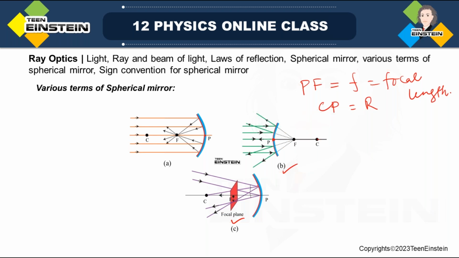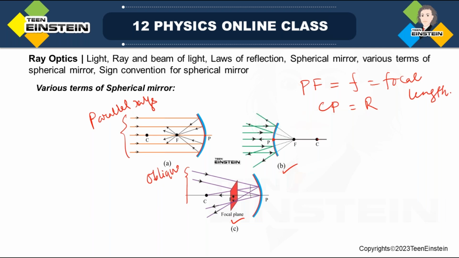Okay, but when the rays are not parallel to the principal axis. Parallel rays means rays which are parallel to the principal axis, so these are actually parallel rays. And these are called oblique rays, which are not parallel to the principal axis.